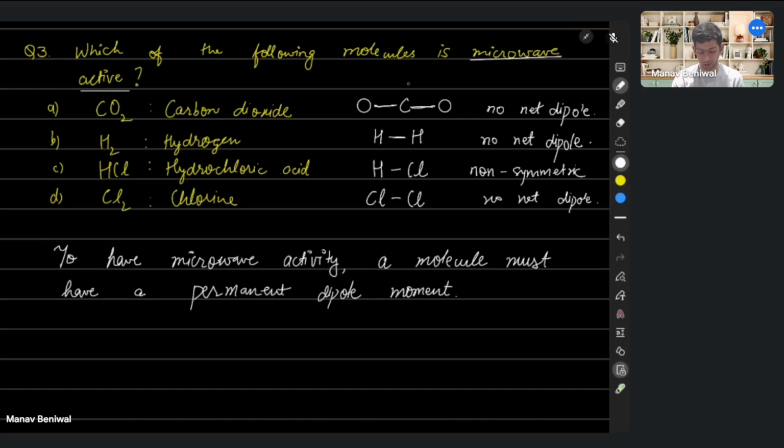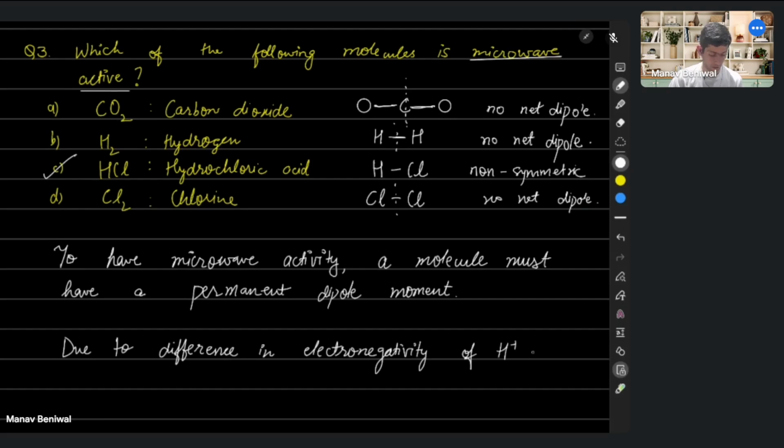This is symmetric, this is symmetric, this is symmetric, but HCl is non-symmetric, and due to the difference in electronegativity of H plus and Cl minus, HCl has a permanent dipole moment.